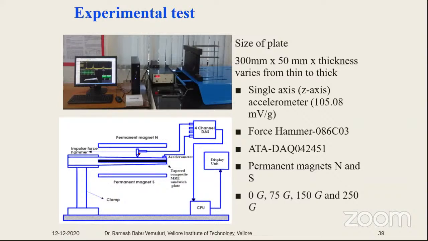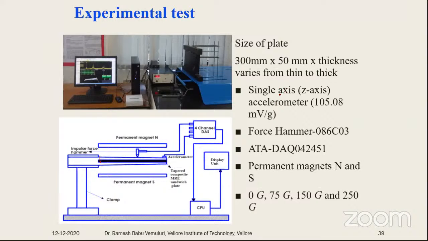Using this hammer, we applied an initial force. Then the accelerometer took the acceleration reading, converted it into a digital signal and displayed it here. The test specimen is 300 mm in length, 50 mm in width, and the thickness varies from thin to thick.